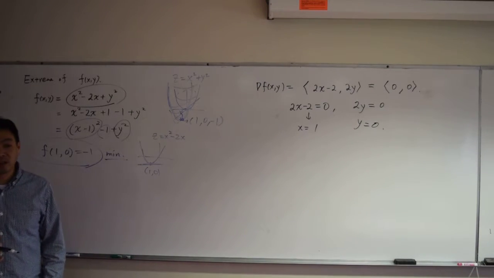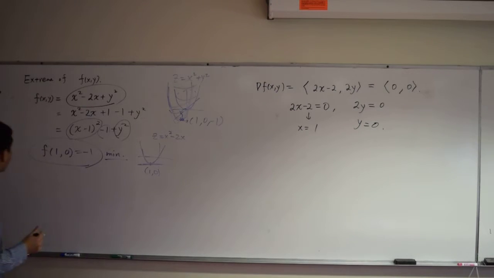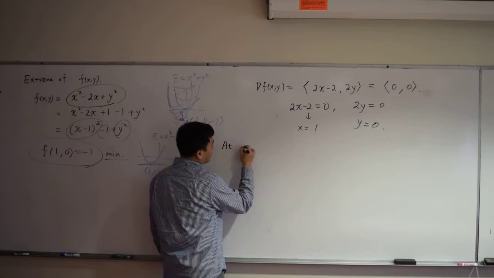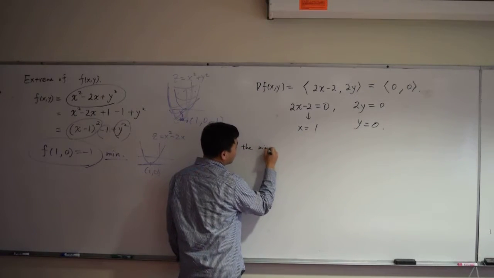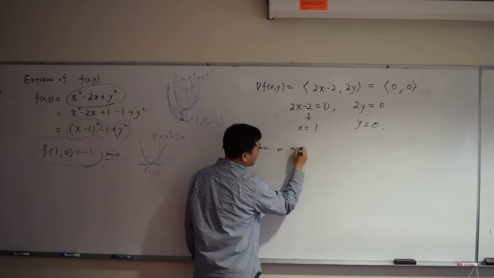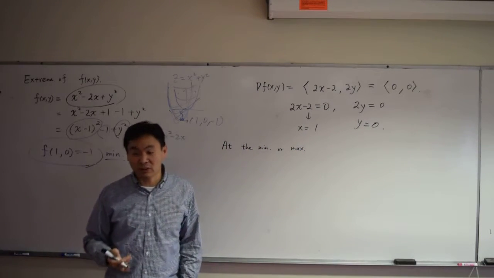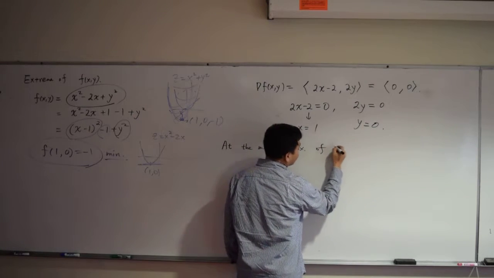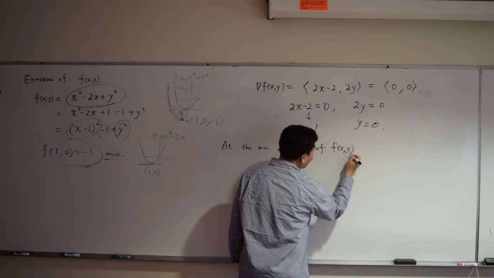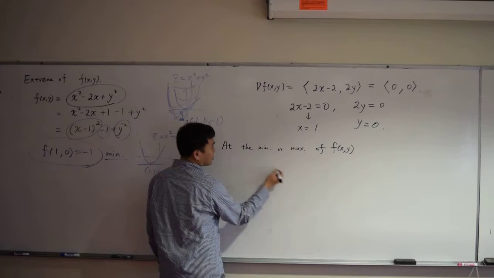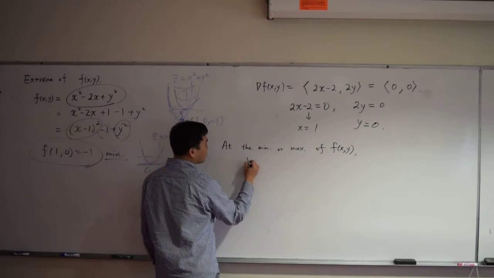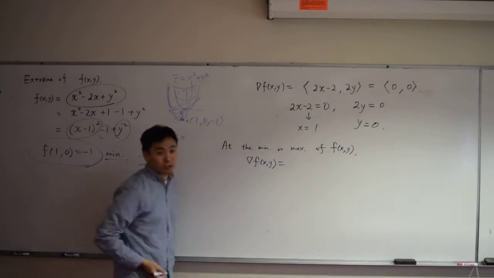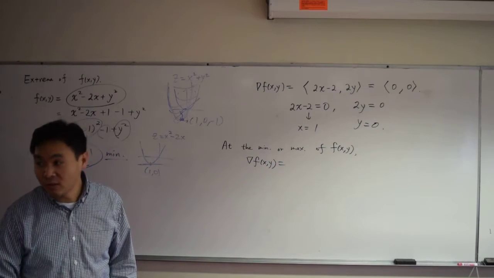Right. So here's the lesson learned here. At the minimum, or the same thing applies to the maximum, just like in the one variable case, at the minimum or max of f(x,y), the gradient of f(x,y) must equal 0.